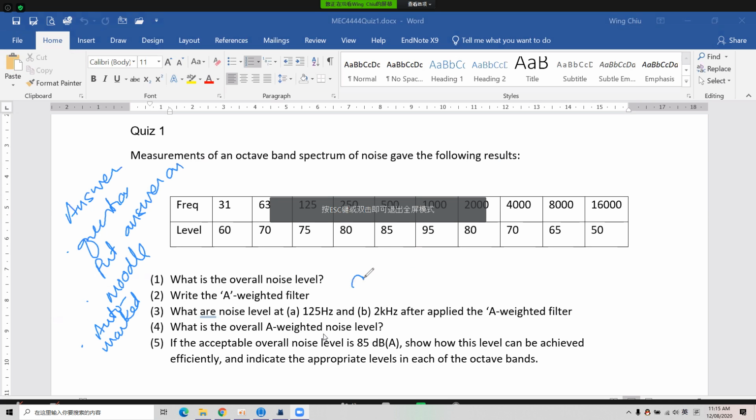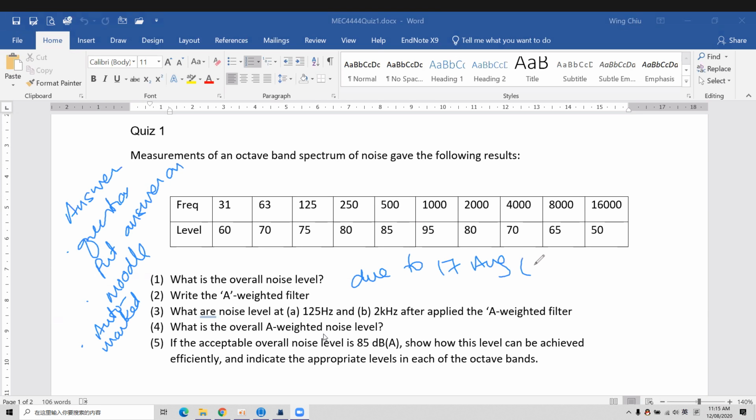This is due on the 17th of August, which is next Monday, so you have time to do it. I'm not going to put any pressure on you. Just make sure that you understand what you're doing and submit it by next Monday, and you only have one attempt. Any questions?